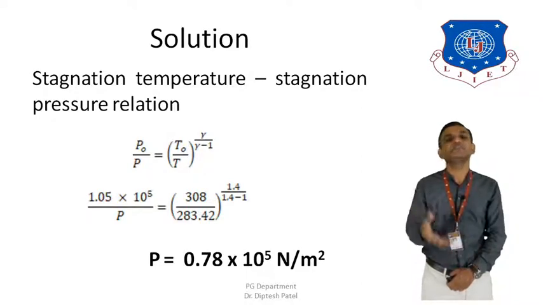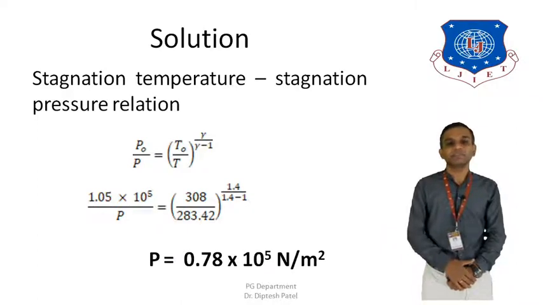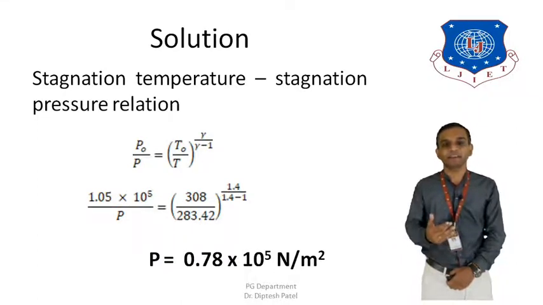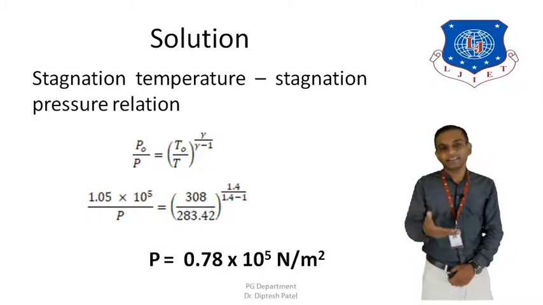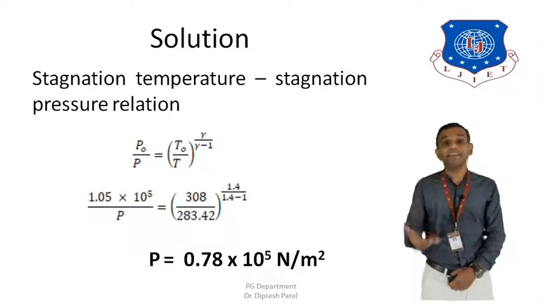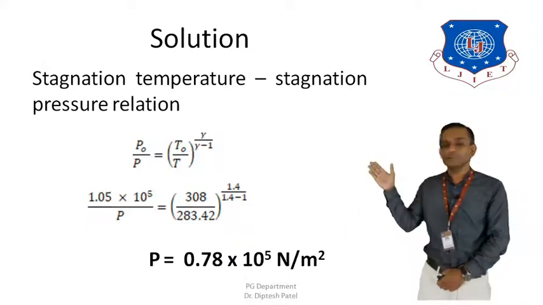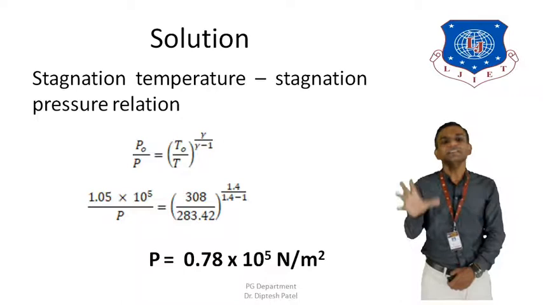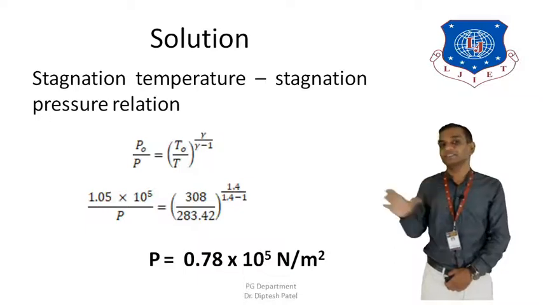We normally use that for many different numericals, say P1 upon P2 is equal to T1 upon T2 raised to gamma upon gamma minus 1. In a similar way we use it for stagnation pressure and temperature. After putting the values for all the terms, we can calculate capital P, the pressure at static conditions.